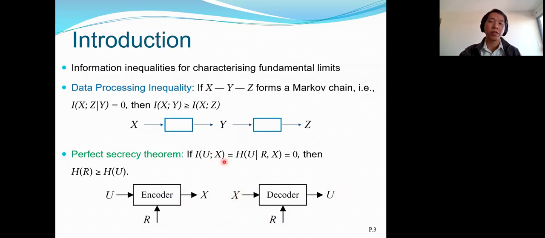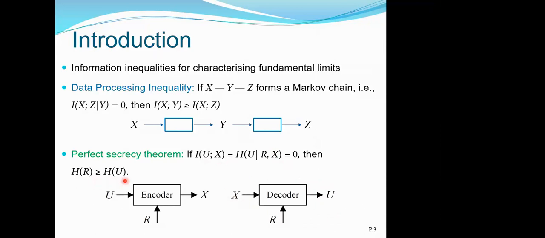And in information theory, we describe it as independence. We use I(U;X) equal to 0, and it can recover the original message. We say that the conditional entropy of U given R and X is equal to 0. Using these two constraints, we can prove that H(R) is always greater than or equal to H(U).